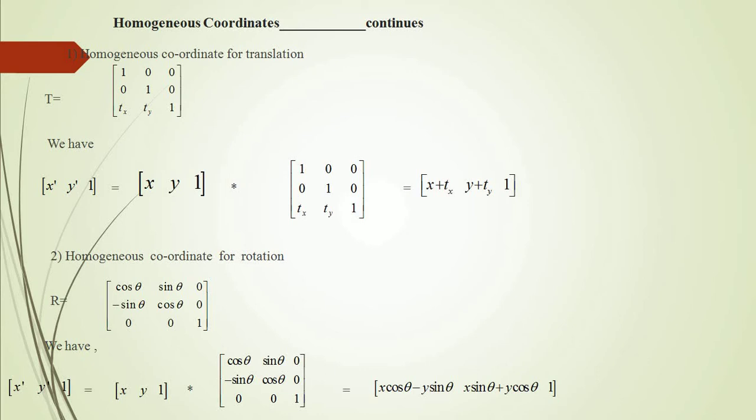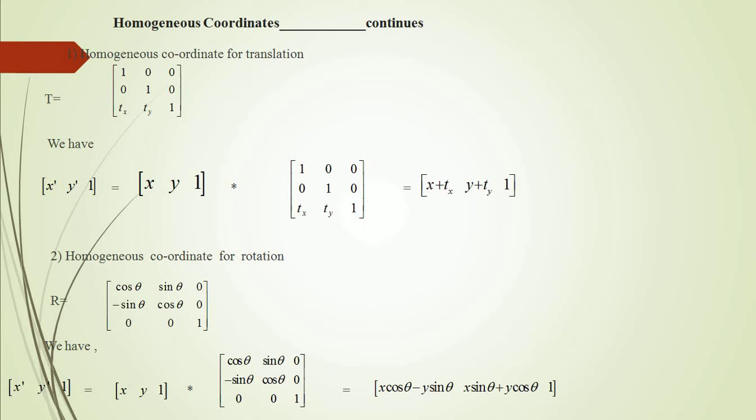In homogeneous coordinates the translation matrix T has the factors Tx and Ty, and we have to calculate x' and y'. For that we use a dummy coordinate w, where w is equal to 1, and this 1 is a default value.